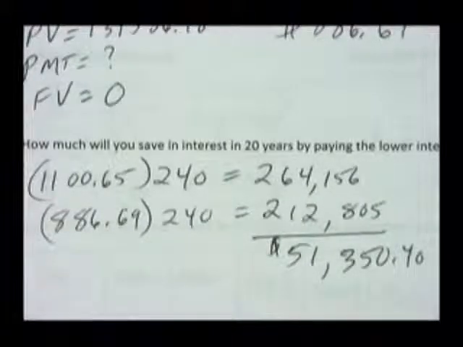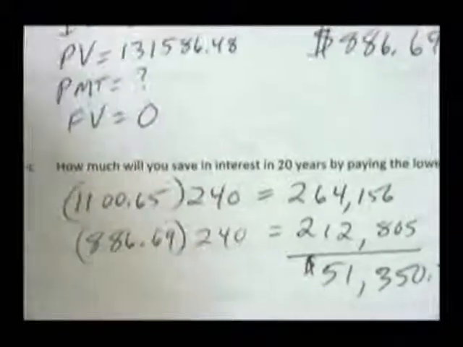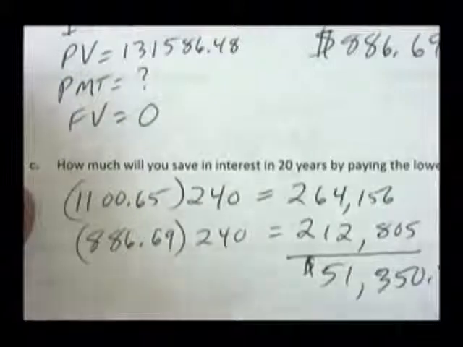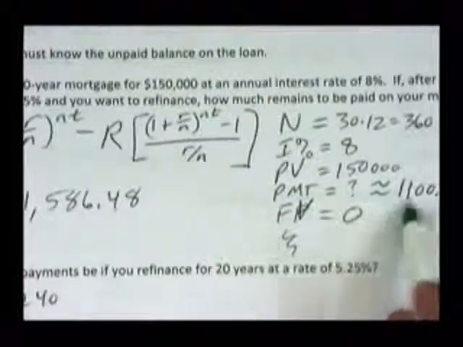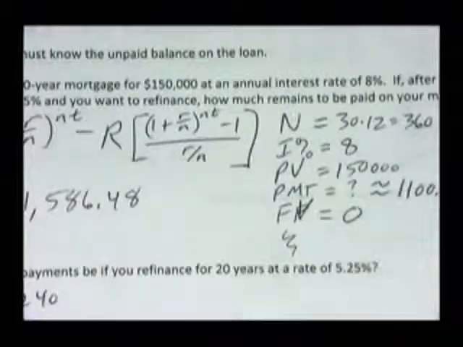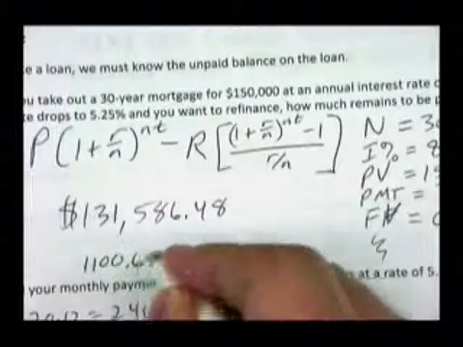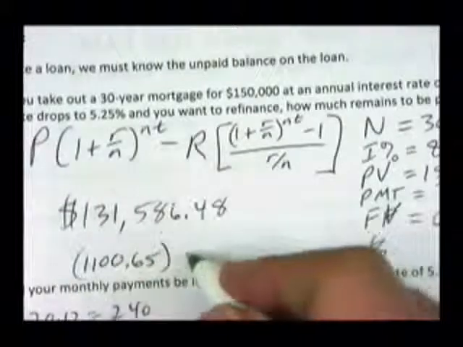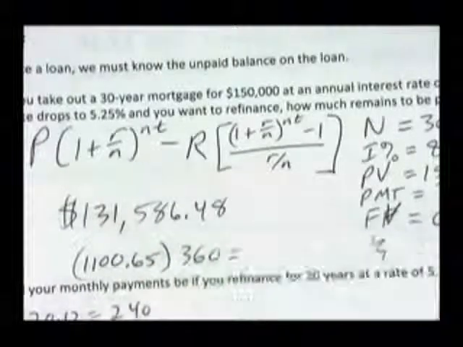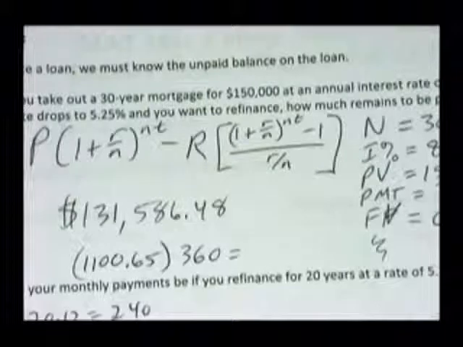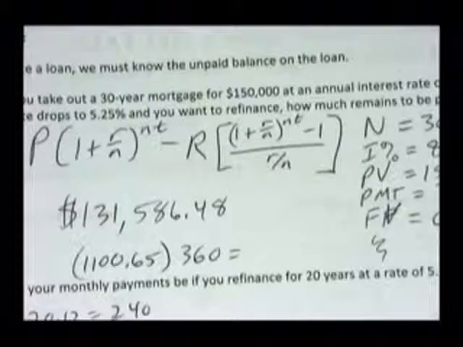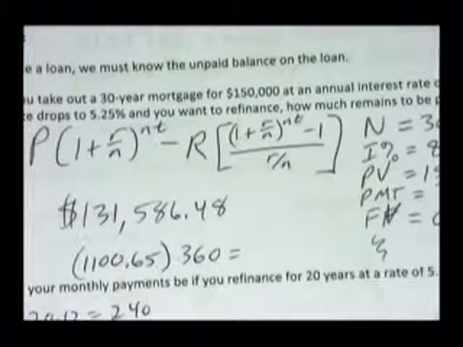Now, one of the things that you may find interesting as you're working through the written assignment for this is to calculate how much you end up paying over the life of a loan if you're dealing with a house. For instance, up here on this one, if you were to keep this loan for the whole time period and you were paying $1,100.65 every month, for 360 payments, you end up paying 1,100.65 times 360.